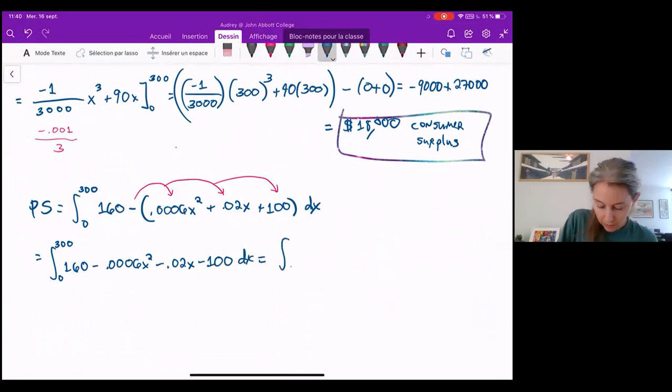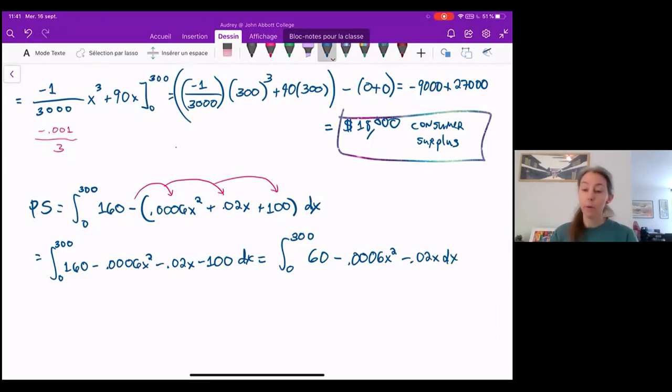0 to 300 of 60 minus 0.0006x squared, I'm tired of writing these decimals, I'm sure you are too, minus 0.02x dx. Now we find the antiderivative, 60x minus 0.0006 over 3.